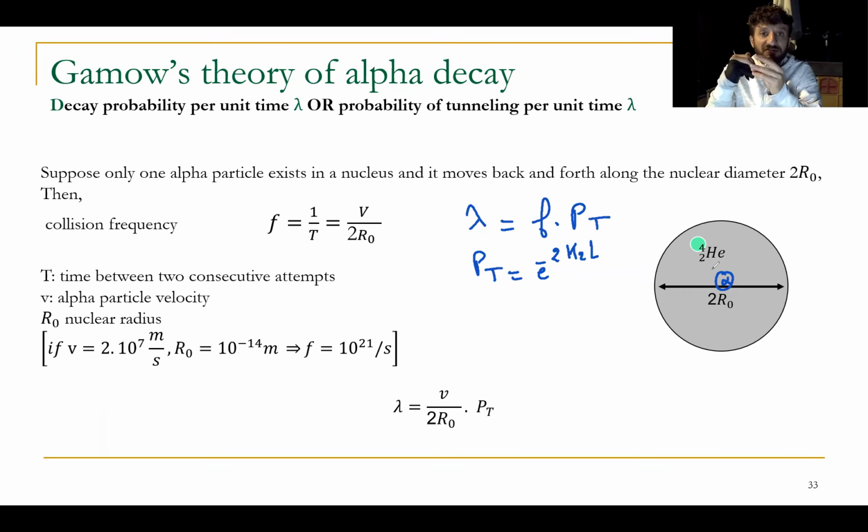Between two attempts, for example between this point and this point, we have a distance of 2 r0, where r0 is the nuclear radius.